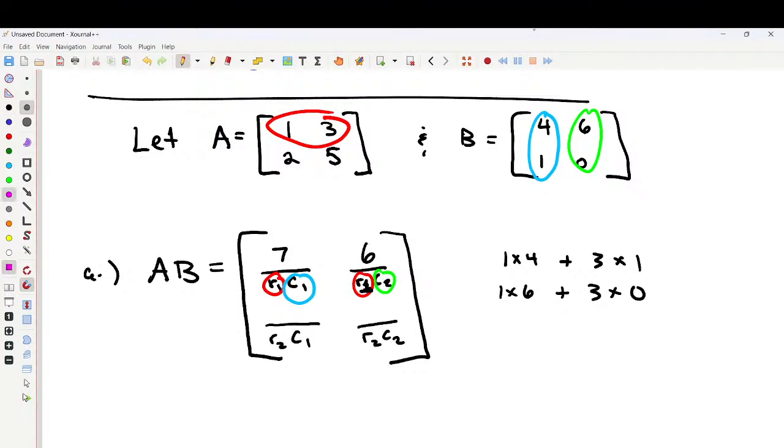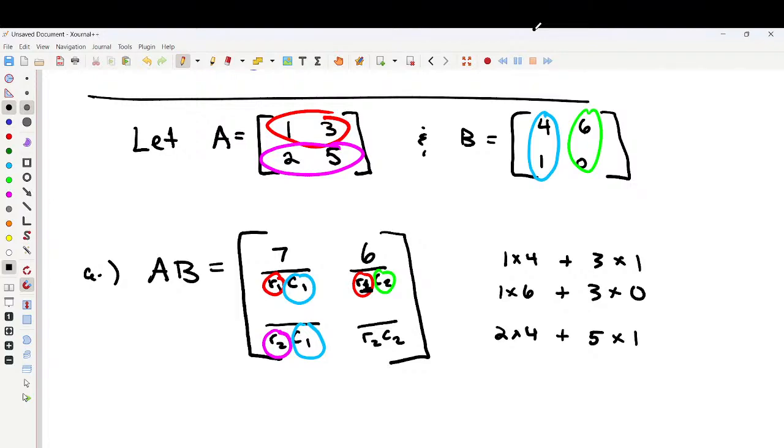So now let me double check row 2. Okay, good. Row 2, column 1: 2 times 4 plus 5 times 1. It always hurts my brain just enough. 2 times 4, 5 times 1.